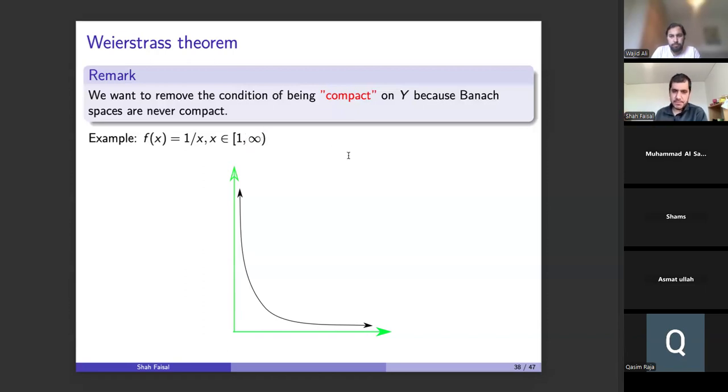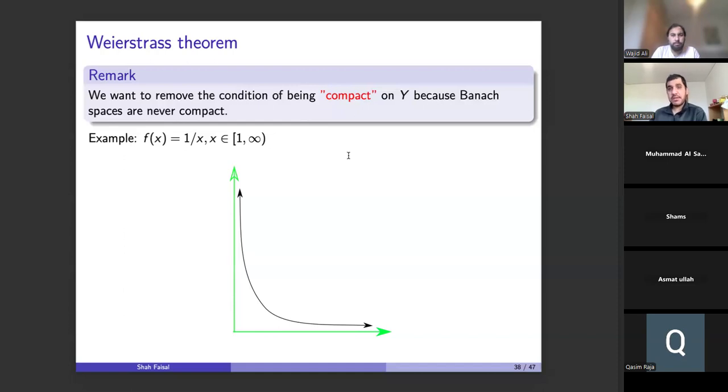The region of non-compactness in this case is near infinity. So as you go towards near infinity, the function decreases. And so you are looking for a minimizer below any value. So you reach close to infinity, but then the function is decreasing. So you go further a bit, and then you go further a bit to find your minimizer. And in this non-compact region, the minimizer just gets lost.